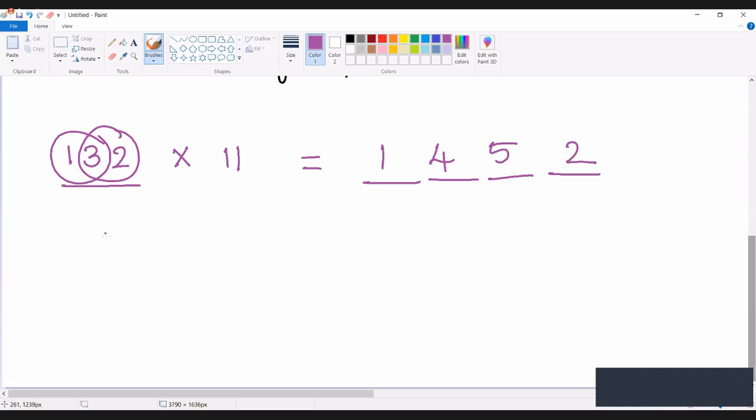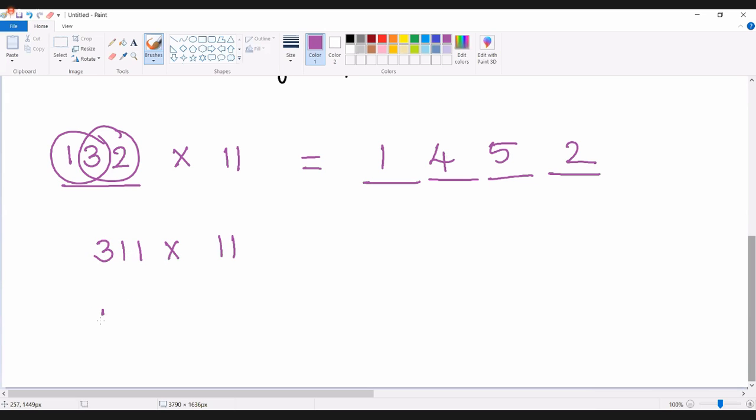Tell me what is the answer choice for this. 311 into 11. 423 into 11.